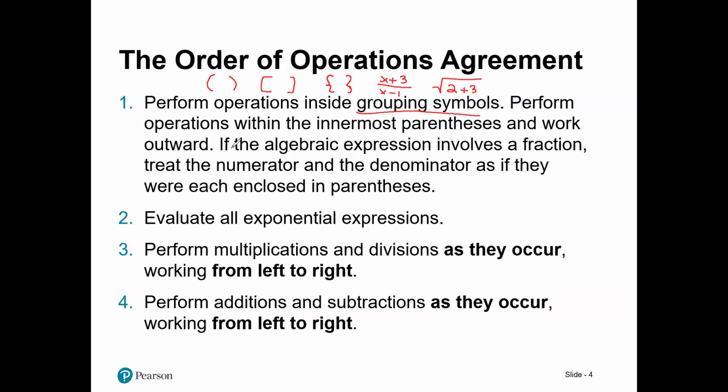Like I said, that's why we don't just say it's parentheses first, because that is a little confusing. We mix them up a little bit. We know we're supposed to do what's inside parentheses first before we deal with this bracket.